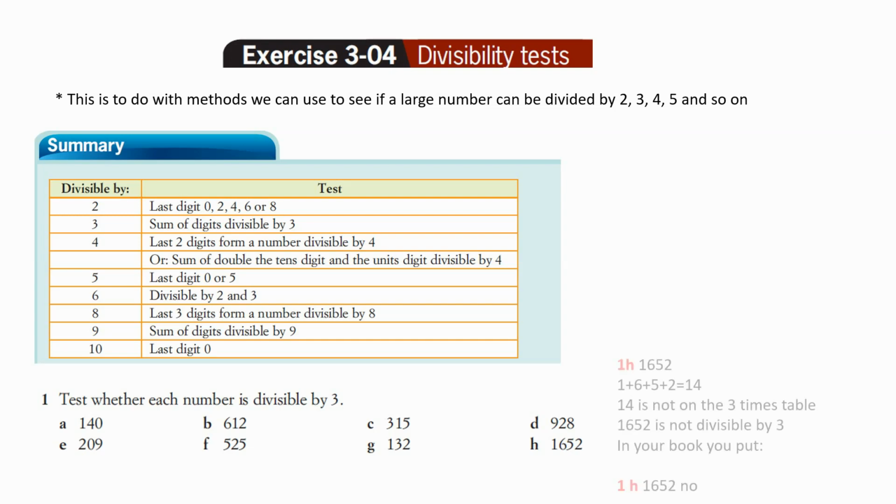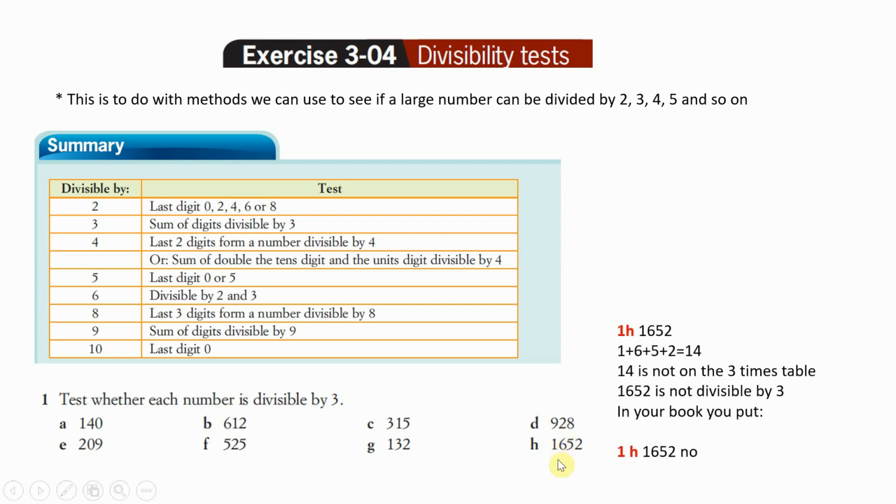I've done the last number, 1652. That's not even close to being on the 3 times tables. So we sum the digits: 1 plus 6 plus 5 plus 2 equals 14. Now 14 is not on the 3 times table, so it is not divisible by 3. And when that's the case, that number is not divisible by 3 either.